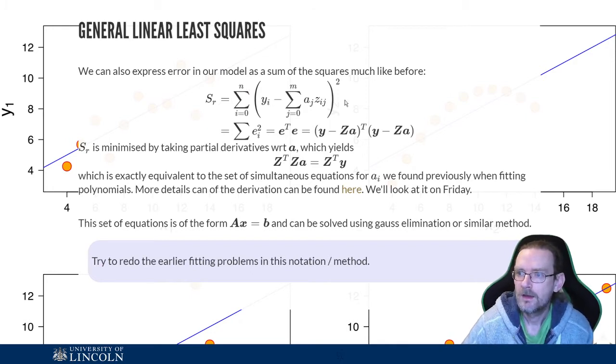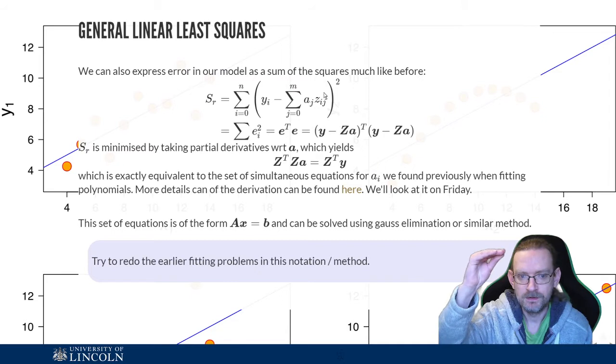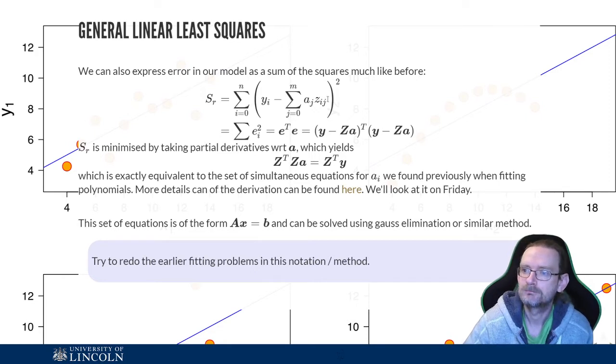This thing here inside the curly brackets is just the error vector. So it's the column vector with each of the errors at each point in it. So this squared thing is the sum of these squared errors at each point, and in the same way I've just explained it, that means it's the length of this error vector.